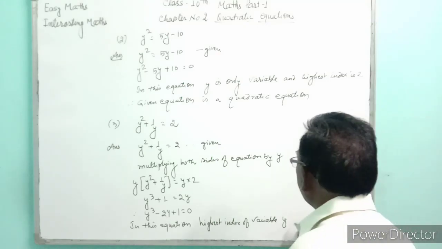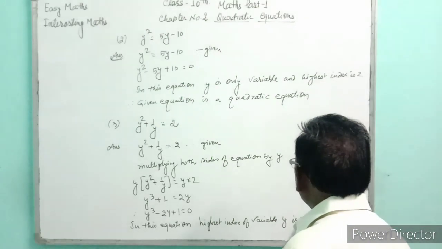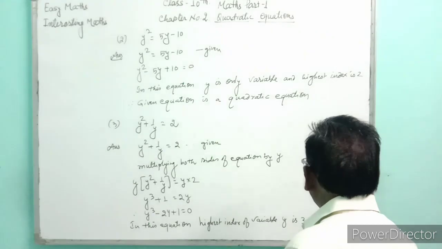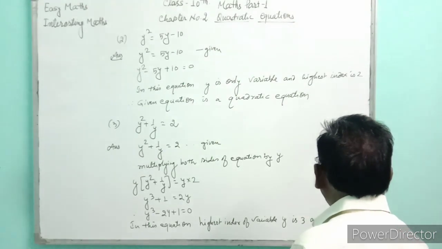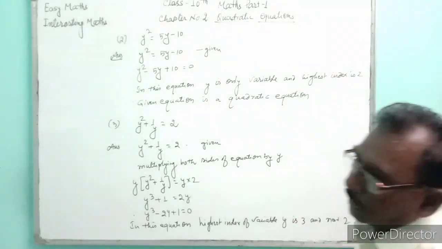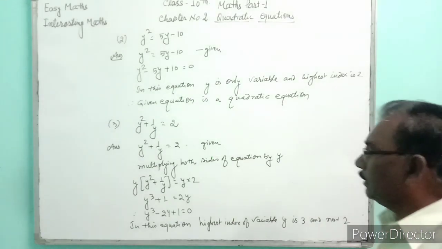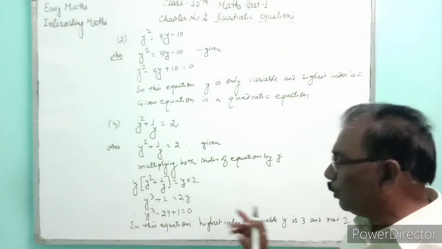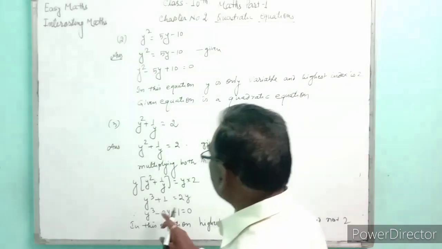That is 3. y is to the power 3 and not 2. Our condition is that the highest index must be 2, but here the highest index is 3.